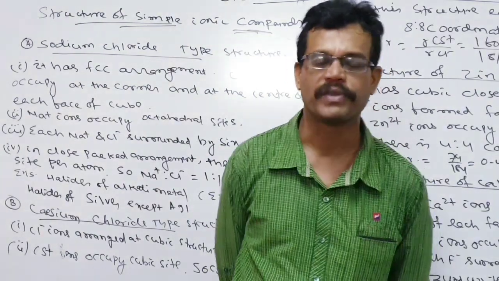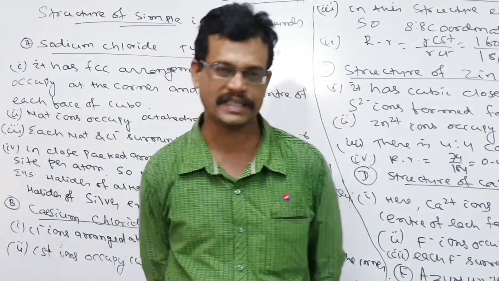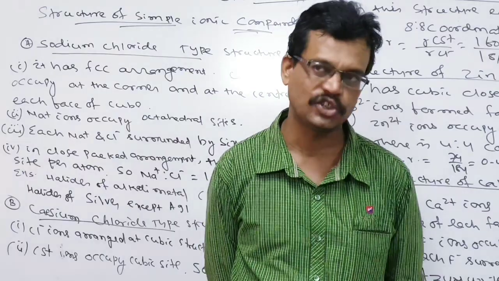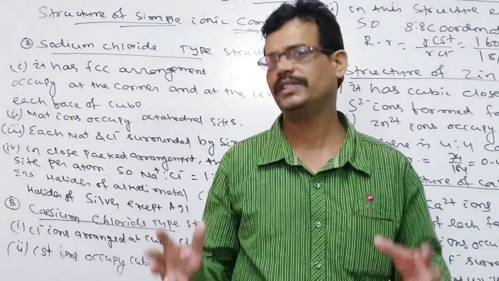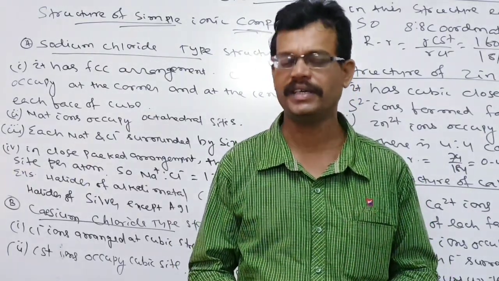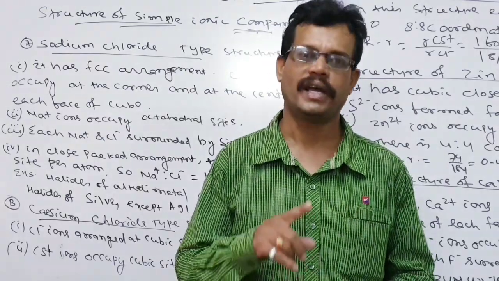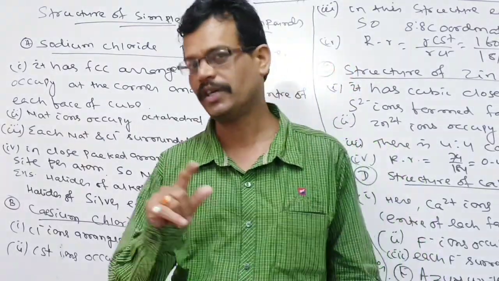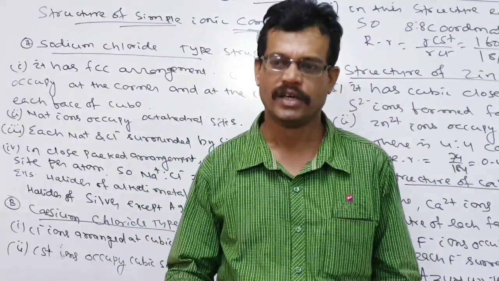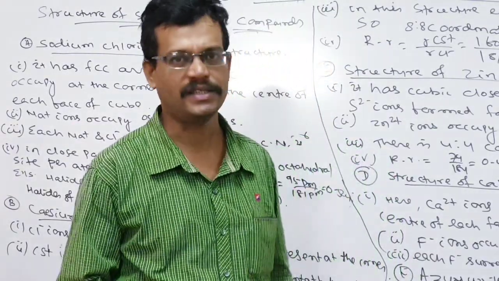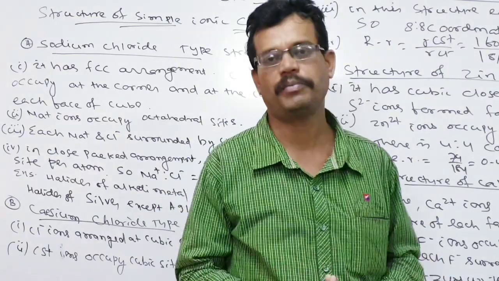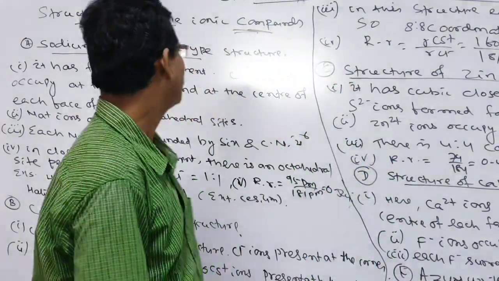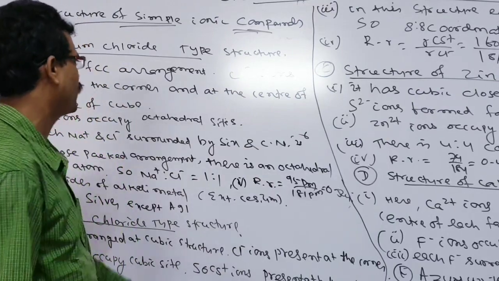In this context the structures, coordination numbers and radius ratios are found to be different as we go from one crystalline solid structure type to another. So all ionic solids are to be classified into 5 categories.